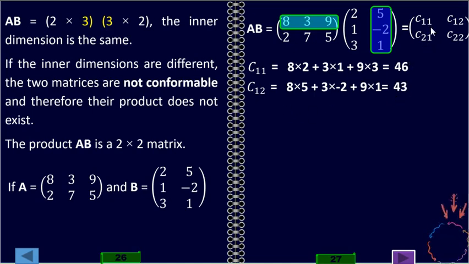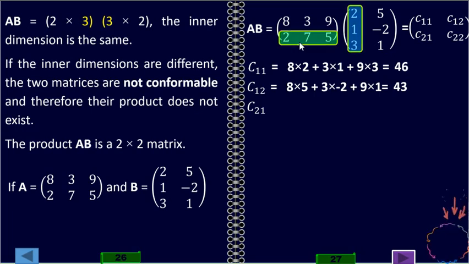Then the same way we are going to do for this one. Now we are dealing with row 2, column 1.